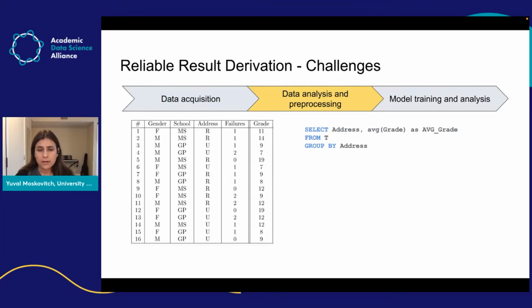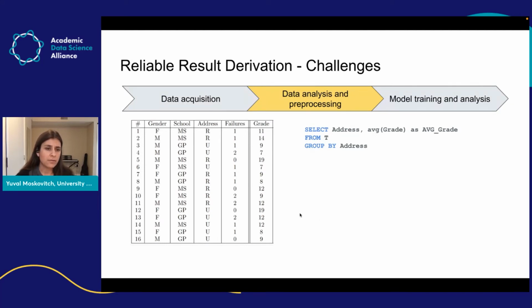Once the data was collected, it typically undergoes some processing and analysis, which helps get a high-level understanding of the data. One way to do it is through aggregation queries. As a simple example, consider this dataset of student scores in an exam.